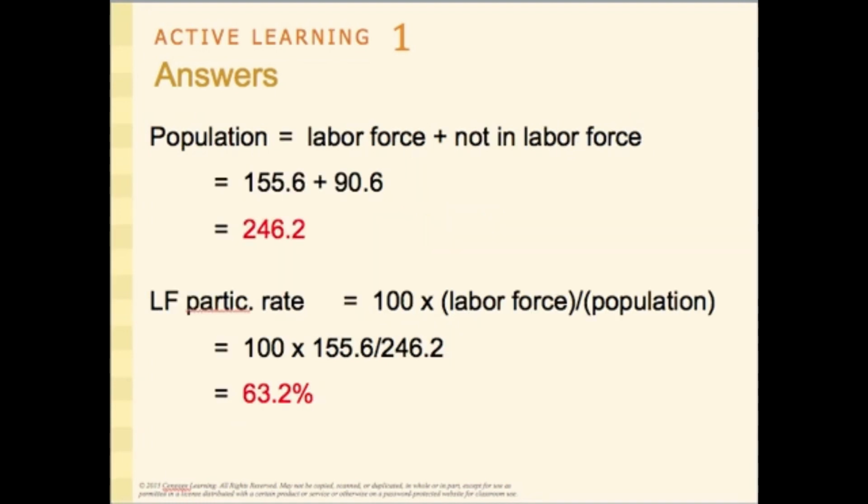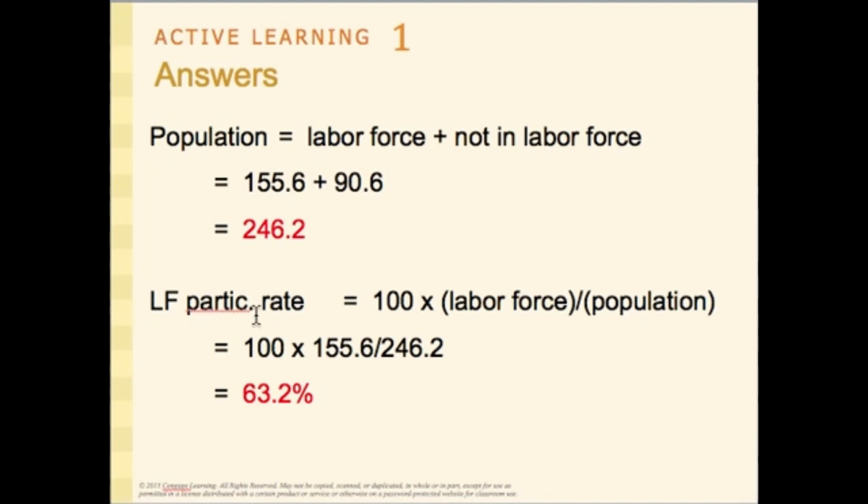So population, what's our population? Well, that's our labor force, which is the employed and the unemployed, plus the folks that are not in the labor force. So your labor force plus those not in the labor force, that's 155.6 plus 90.6. You get 246.2 million people, adult people, again, adults 16 and up in the population.